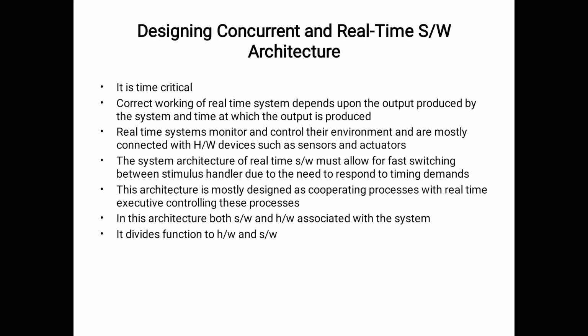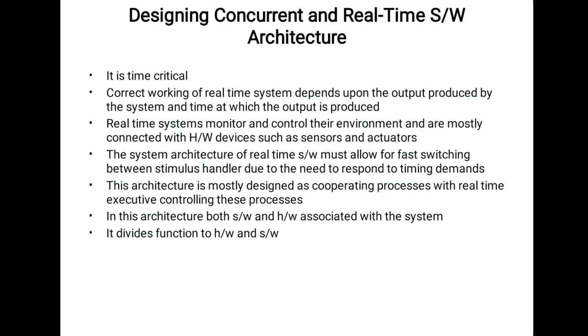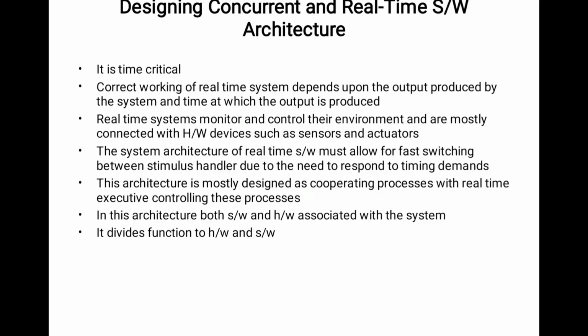Now, how to design concurrent and real-time software architecture. First of all, it is time critical. Second, correct working of a real-time system depends upon the output produced by the system and the time at which the output is produced.